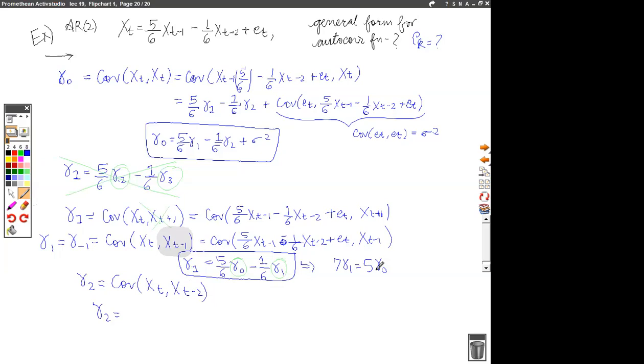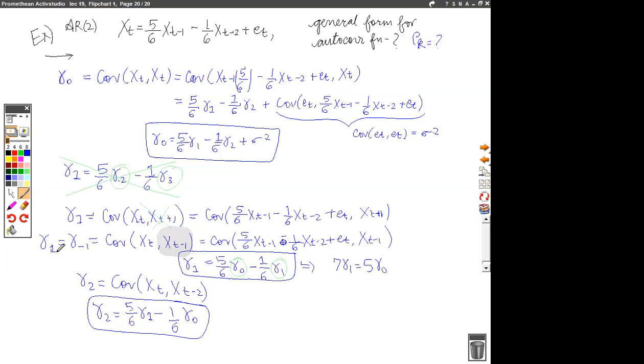Does everyone agree with that? Yes. Yes, ma'am. 5/6 gamma 1. So, yeah, this was gamma 1, right?